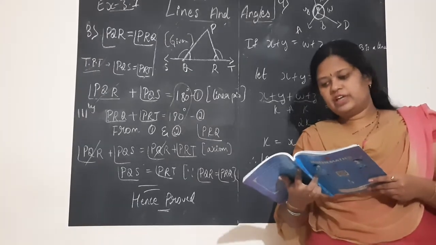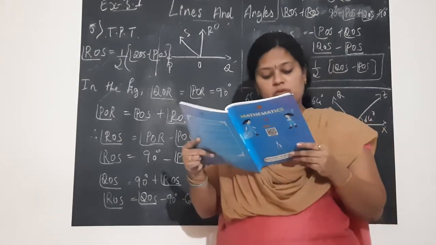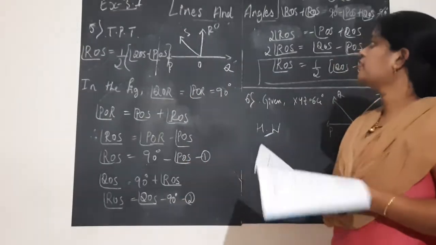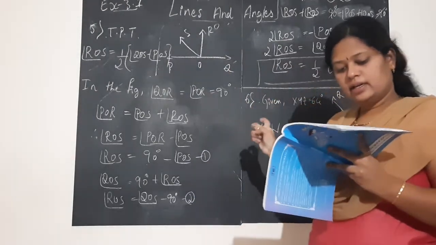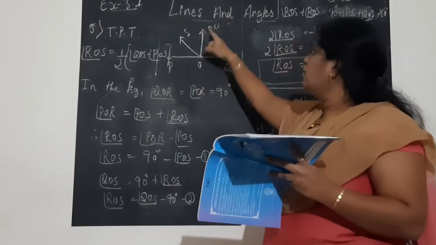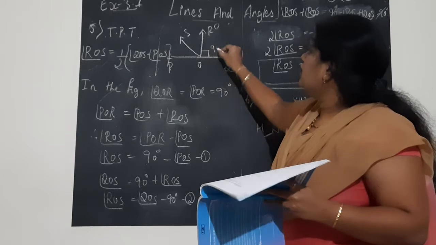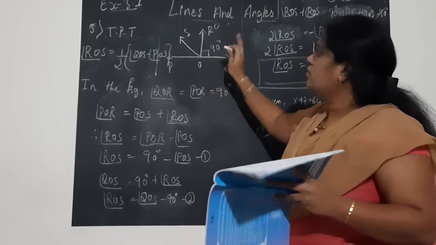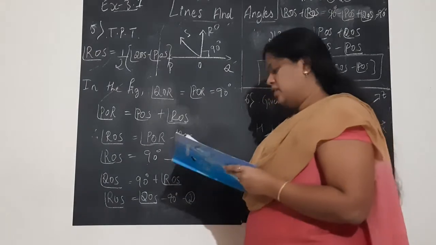Next we have fifth and sixth problems. We should solve fifth problem children. Question is, in the figure POQ is a line, ray OR is perpendicular to PQ. So ray OR is perpendicular, clearly we can take angle ROQ is 90 degree to the line PQ.